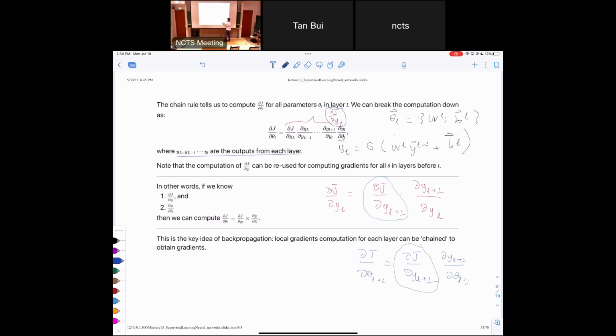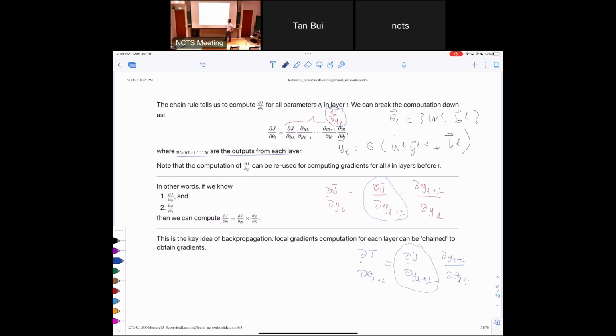Remember that information goes from here to here, and now you are at the last layer. If you want to calculate the derivative with respect to here, you have to go through the chain rule back. So in order for me to calculate the derivative of J with respect to YL, I have to go through YL plus 1 first, because this is a function of this. And then I multiply with dYL plus 1 over dYL.